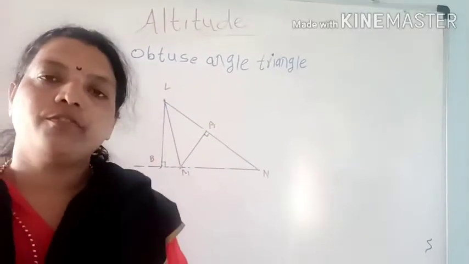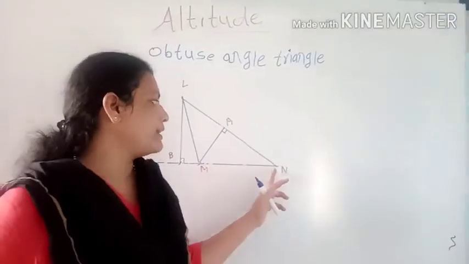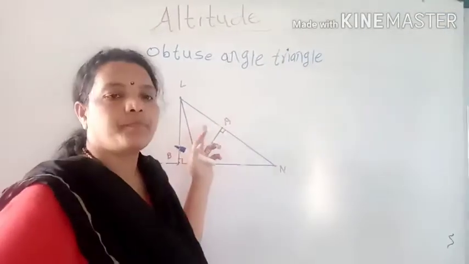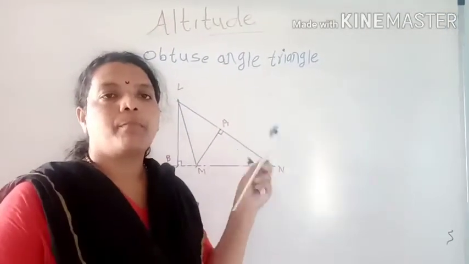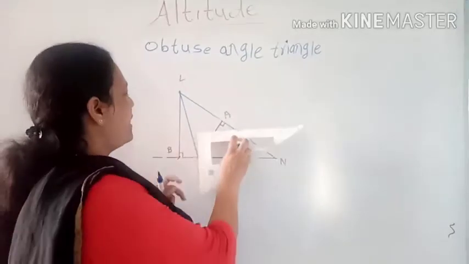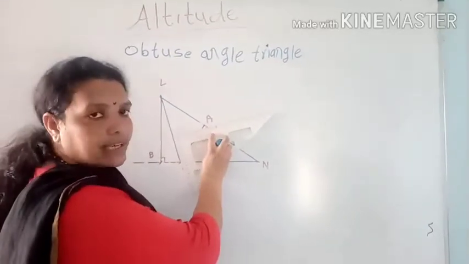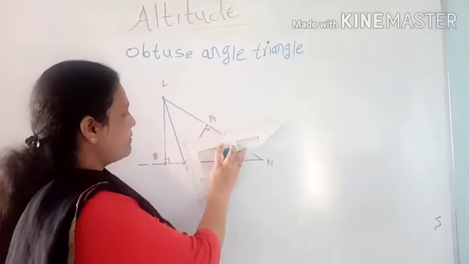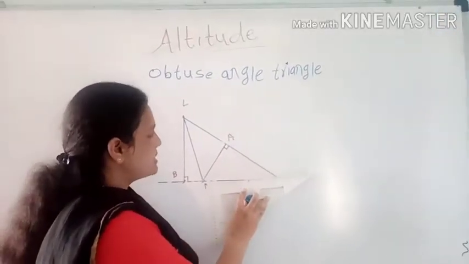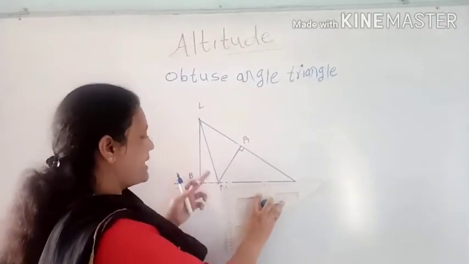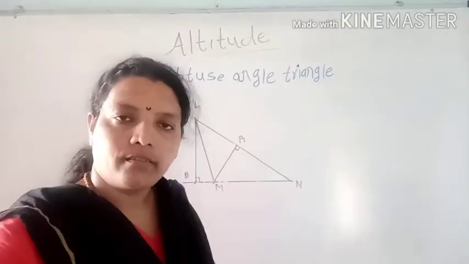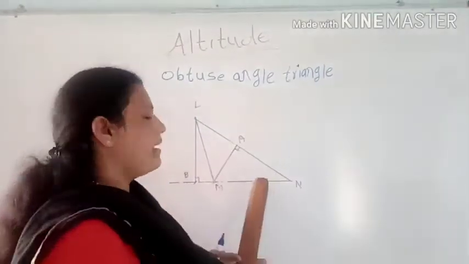Now again we have to draw the altitude from point N on side LM. So for that we will keep the perpendicular end on side LM. Now students, if you see, to draw the altitude, if we push this set square till N, the side is getting over. So again we will extend side LM.